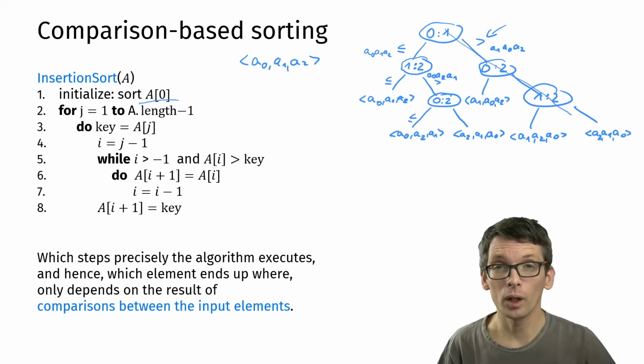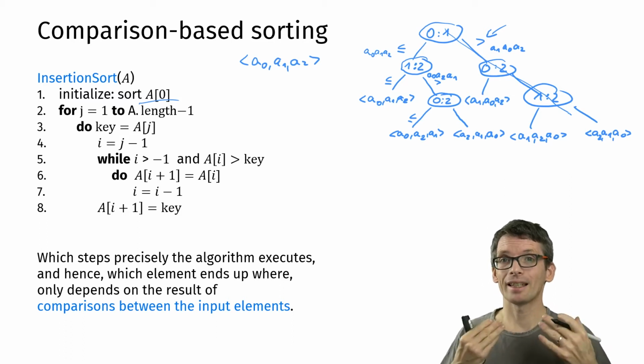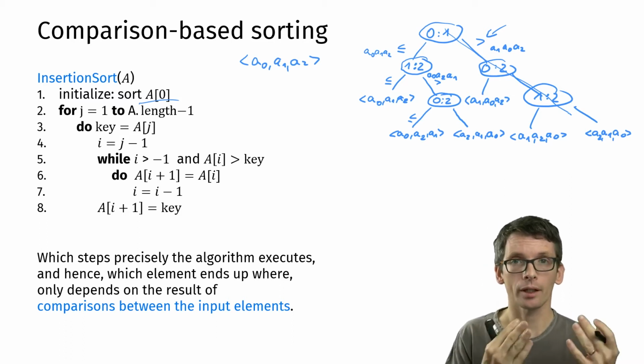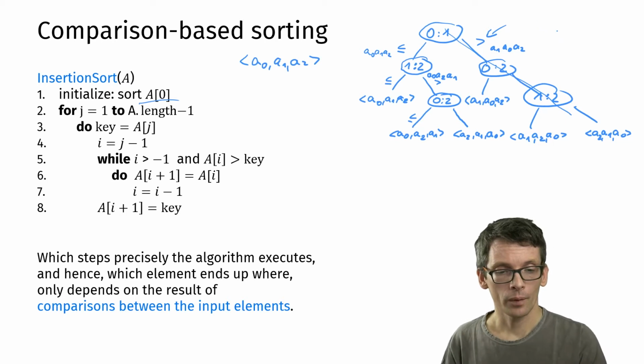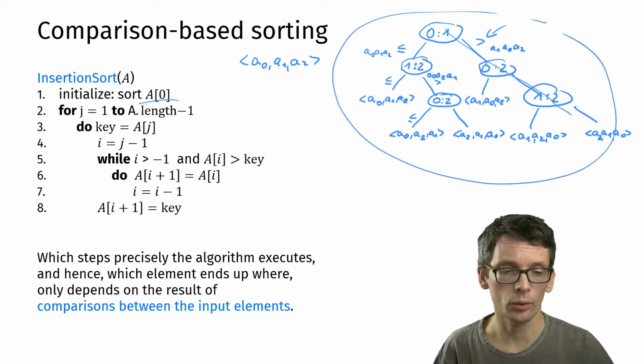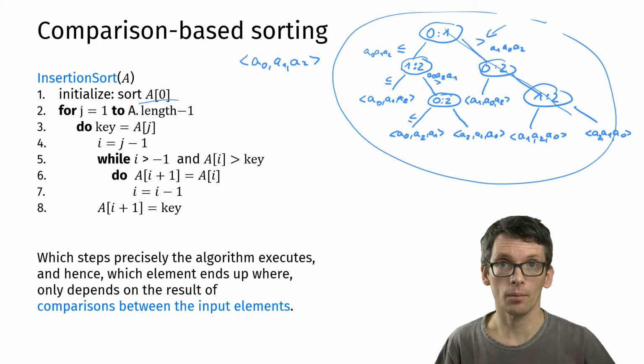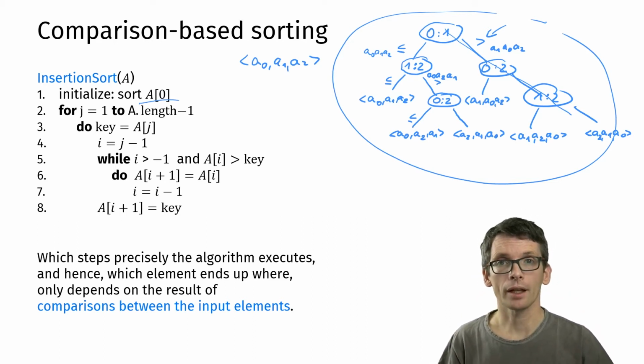And that will be our approach to proving lower bounds. Namely, we will prove that any sorting algorithm in such a tree, which we call the decision tree, needs at least a certain number of comparisons. That is, any comparison-based sorting algorithm.